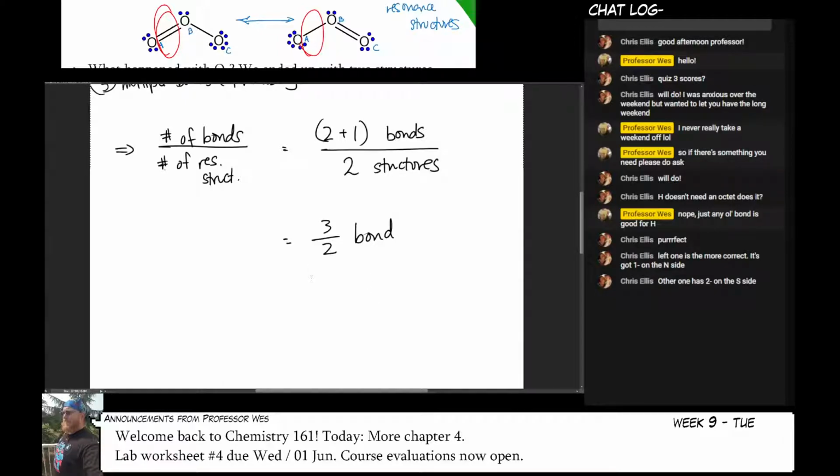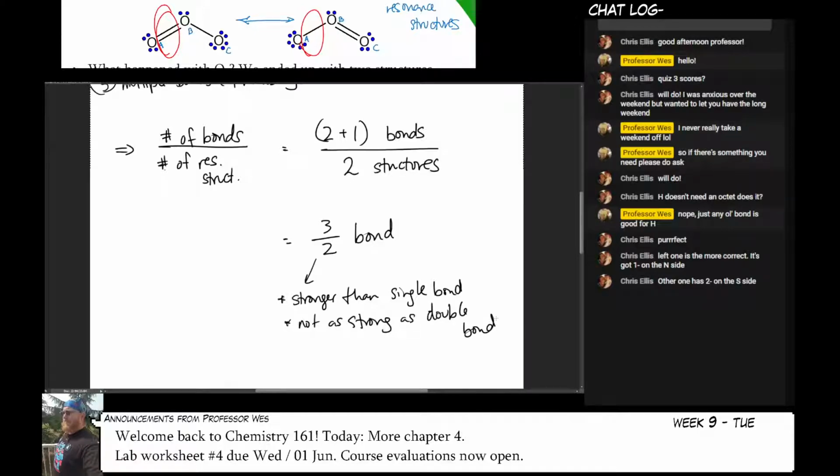So a 3/2 bond would be stronger than a single bond, but not as strong as a double bond. And then if I circled the other position, I'd get the same thing.